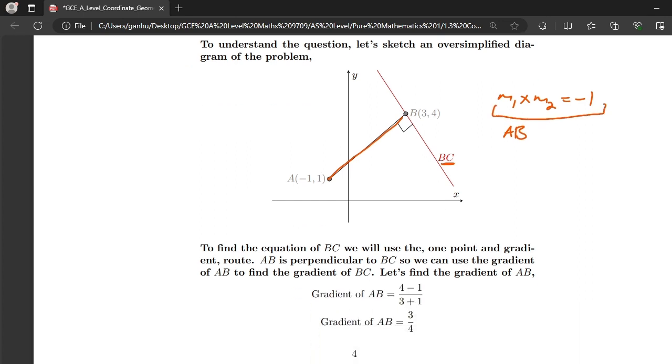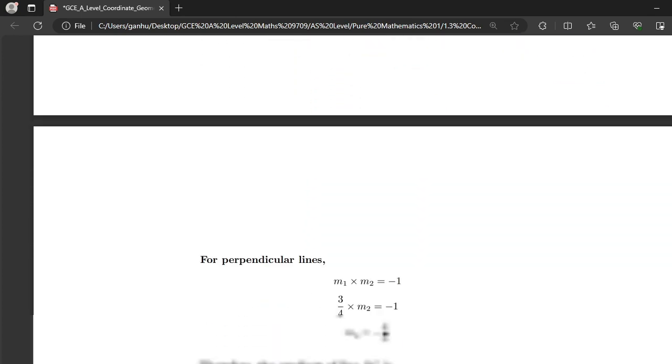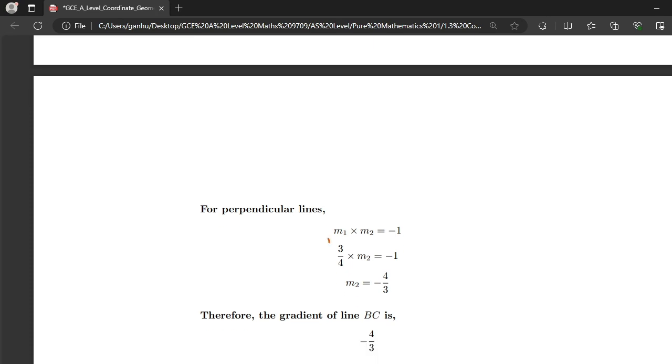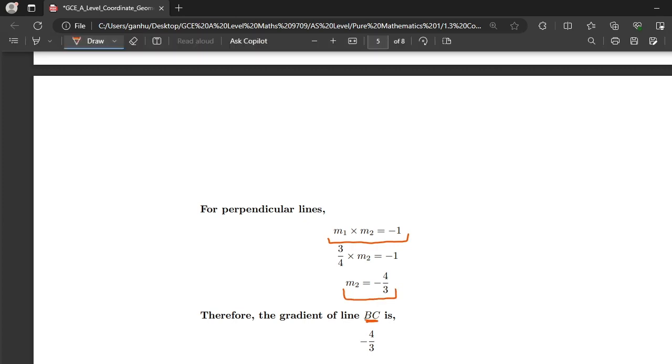Let's find the gradient of AB using the coordinates we've been given. If we substitute, we end up with the gradient of AB being equal to 3/4. And if you substitute into the formula m1 times m2 equals negative 1, you end up with a gradient of negative 4/3, and that's the gradient of BC.